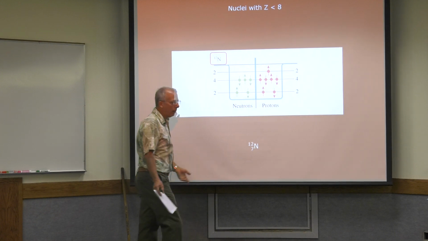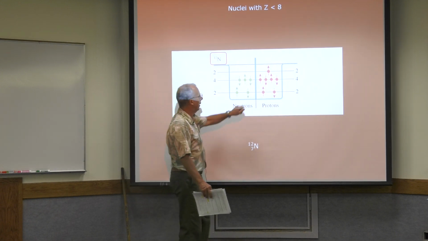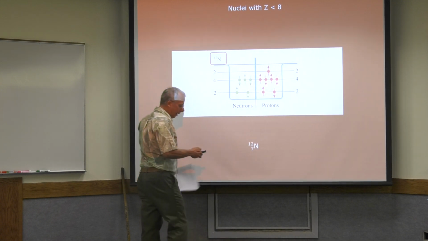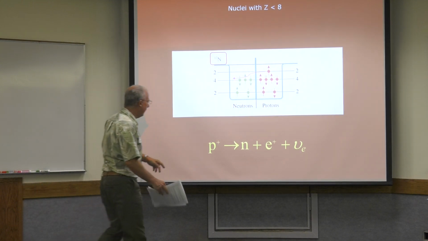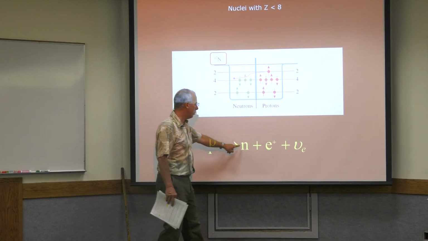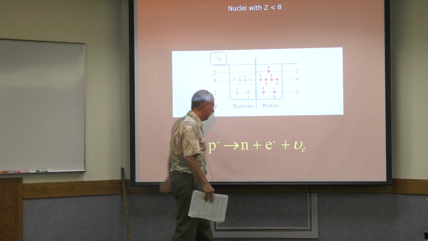So what would this thing want to do to become more and more stable? We want this proton to become a neutron. Does that happen? Yeah, it sure does. That's beta plus. The proton becomes a neutron plus the beta plus, the positron, plus the neutrino.